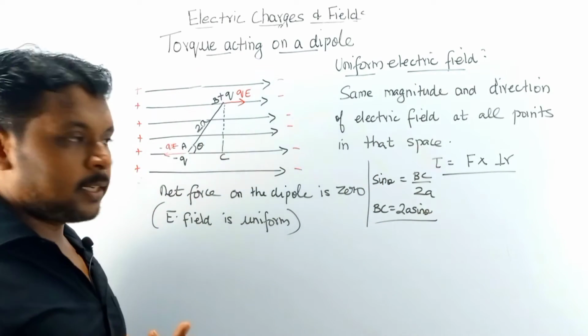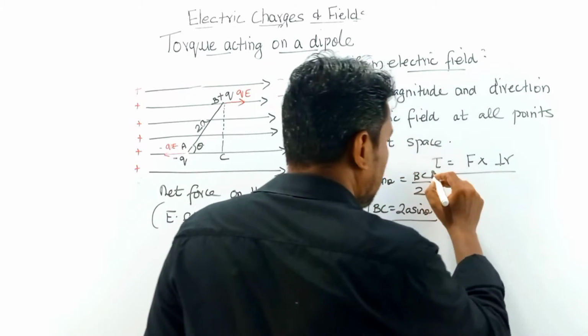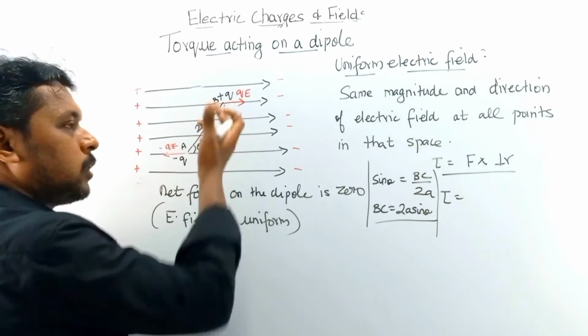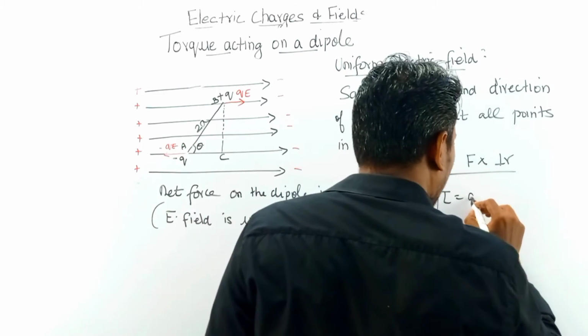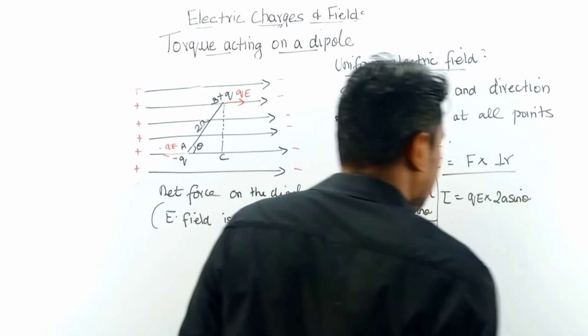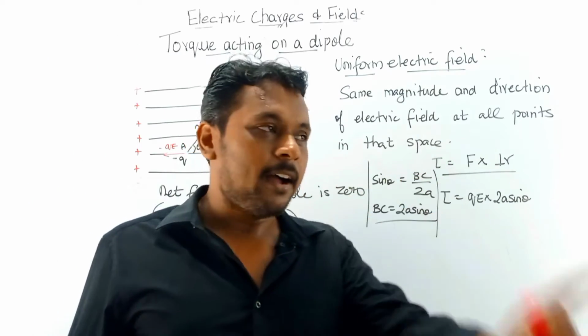So we have found the perpendicular distance. The force is nothing but qE, and both have the same magnitude. So the torque is given as qE into 2a sine theta.